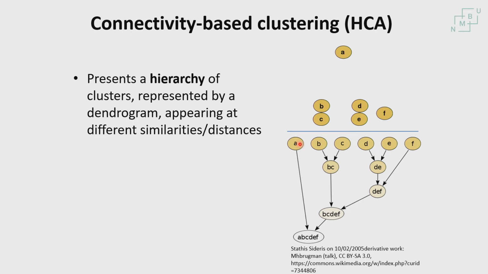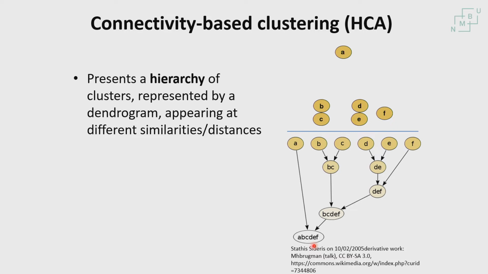If we are even less strict when it comes to how similar they should be, we can say that this is one cluster. All these 5 samples belong to the same cluster, and we have A alone as an outlier. Then we get the cluster solution like this: A and B, C, D, and E, and F. And the other extreme is all samples belonging to one cluster.